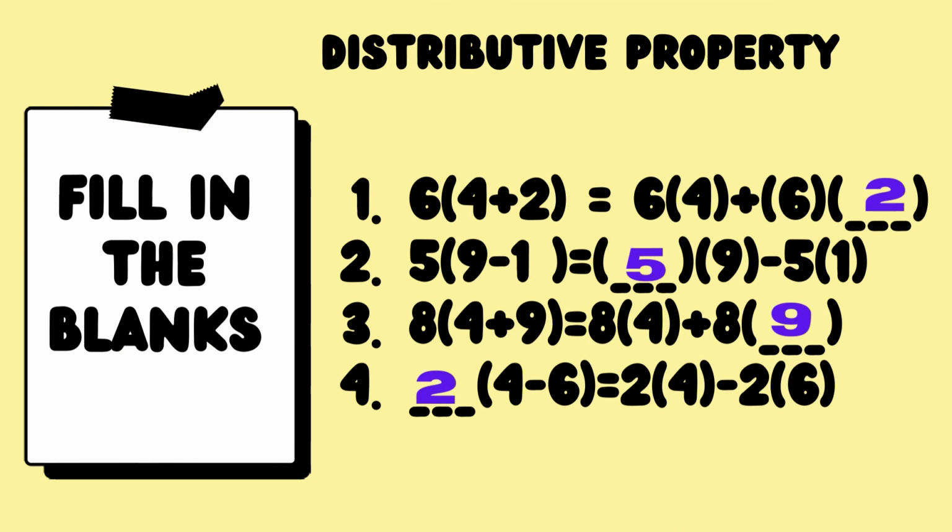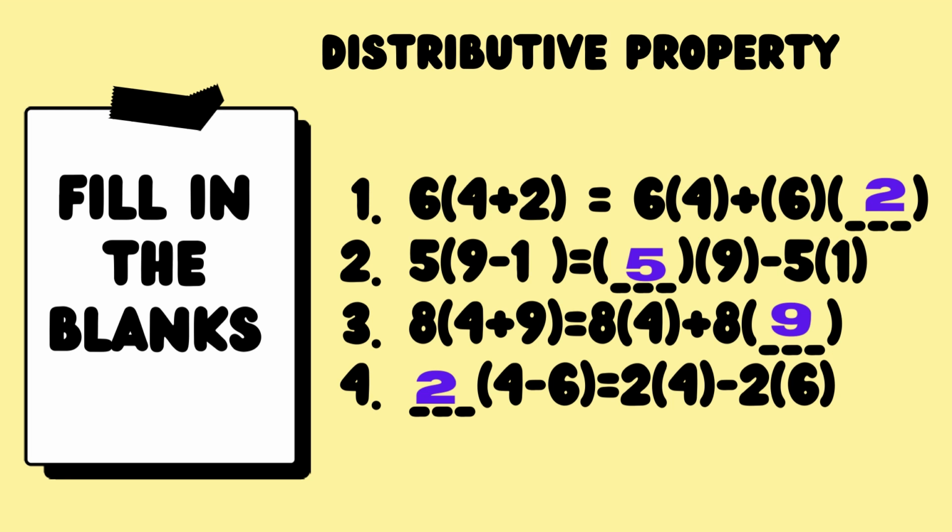I hope so. So 6 can be multiplied by 4 and then by 2. Number 2, 9 minus 1 can be expanded, and then 5 can be distributed. That's why it is distributive property. You are distributing the factor to the difference or to the numbers being added or subtracted.